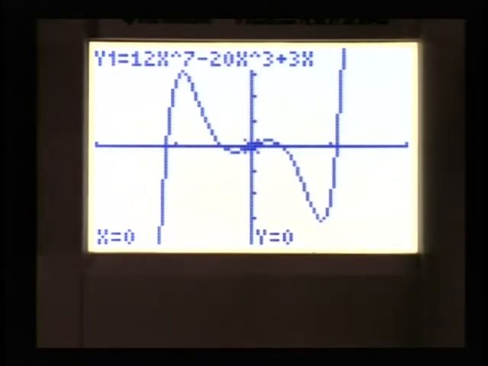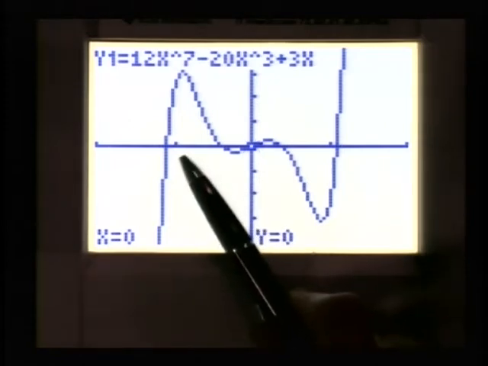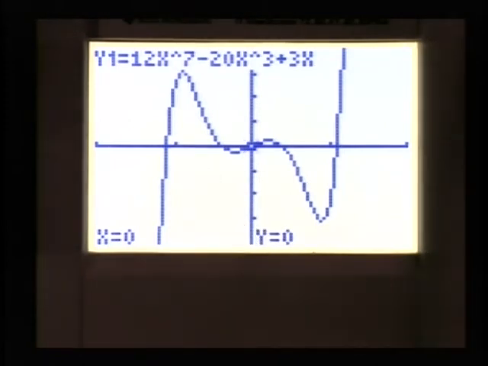Now, what were we talking about before I started doing all this? What were we talking about on the board? Odd character, right? So if I picked a point, let's say I went over here to -1. This is checking a point. It's not checking the whole function. If I go trace -1, you can see the y reading there is 5.